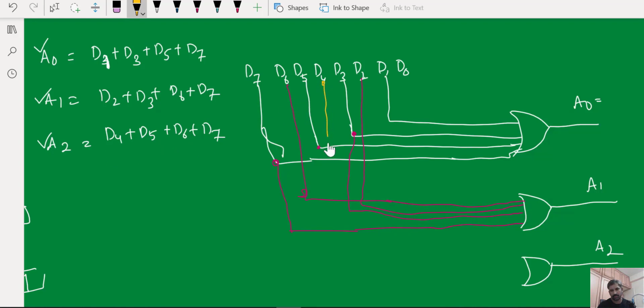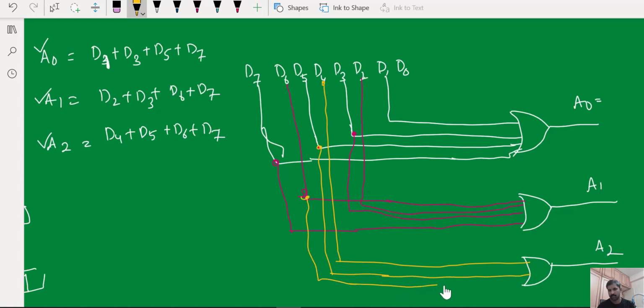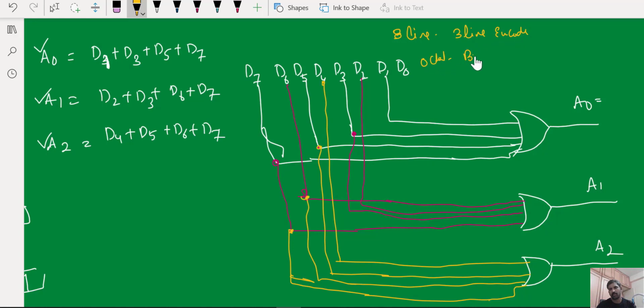That means 4, then 5, then 6, then 7. So this is how you are going to construct your 8-line to 3-line encoder, or octal to binary encoder.